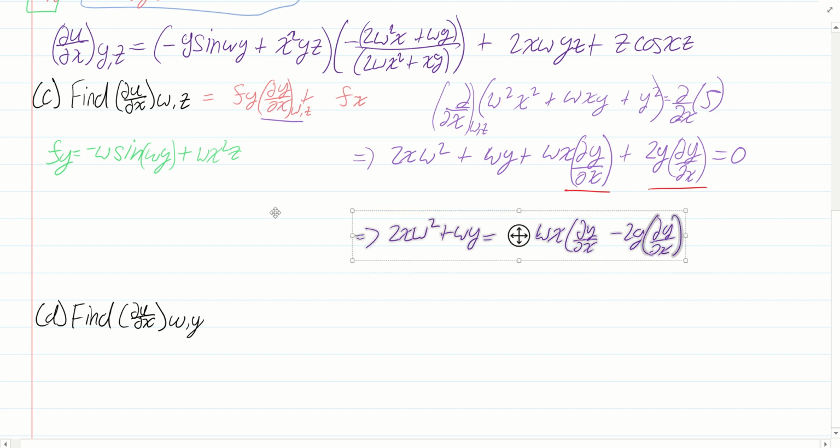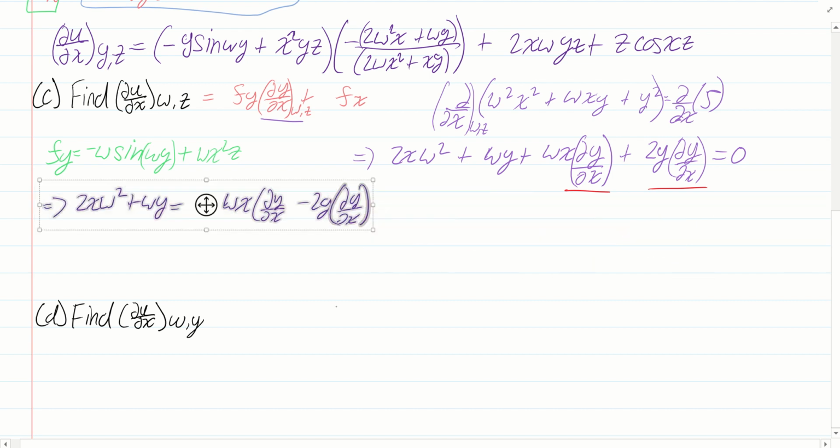I'm going to move this over here so I can have more space. So now I want to factor out the partial of y with respect to x. So I want to make this just equal partial of y with respect to x times negative wx minus 2y.